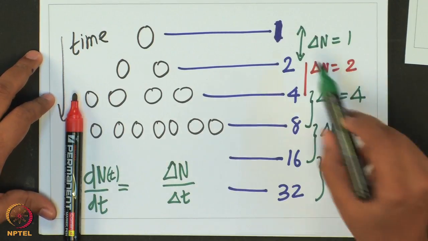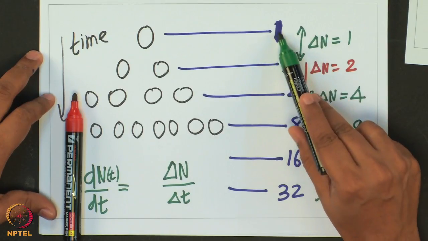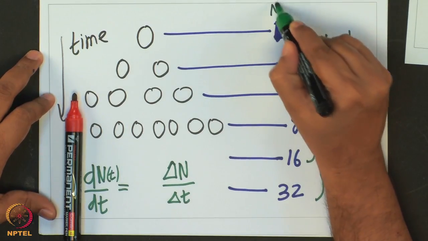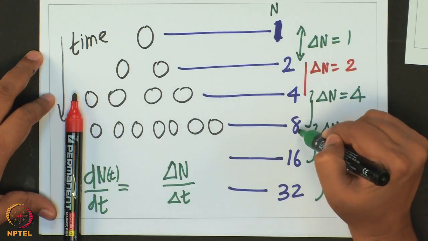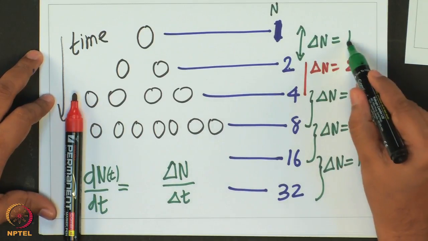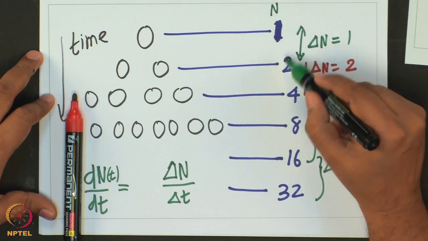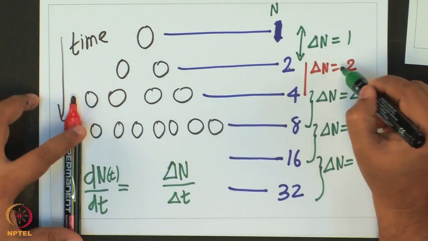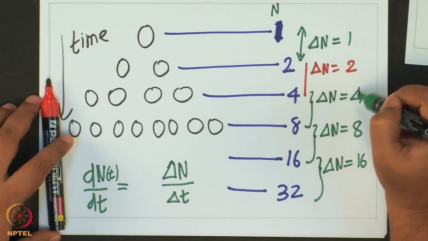We are seeing delta n, and this is n. N becomes 1, 2, 4, 8, 16, 32. And delta n is 1 because 1 divides to 2. When there is 2, both will divide, so the delta n is 2 here and delta n is 4 here.